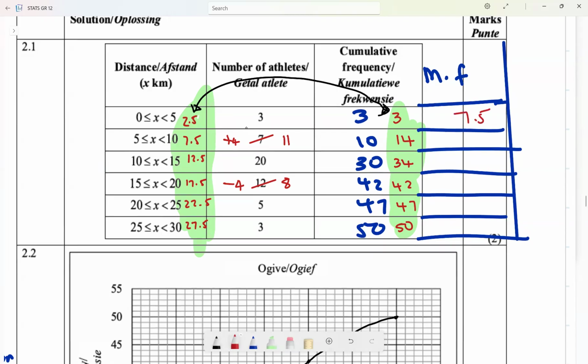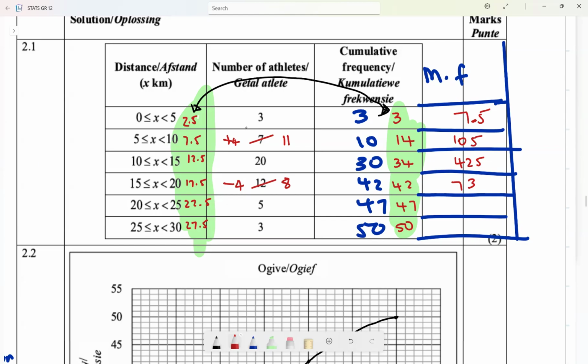Then 7.5 multiplied by 14, 105, and so on. Guys, I feel like it's becoming too much now.